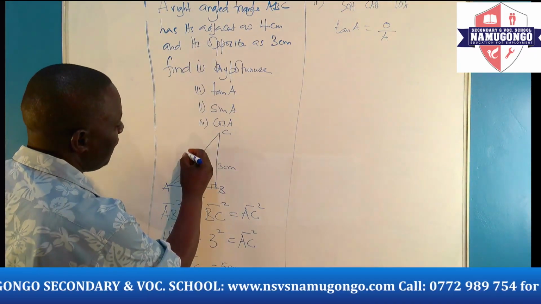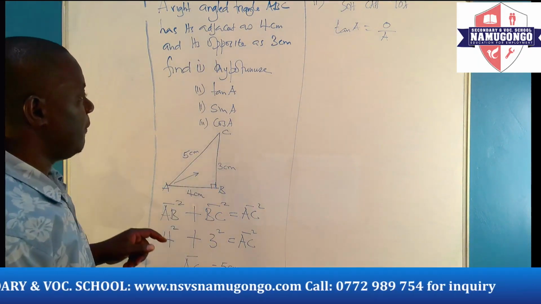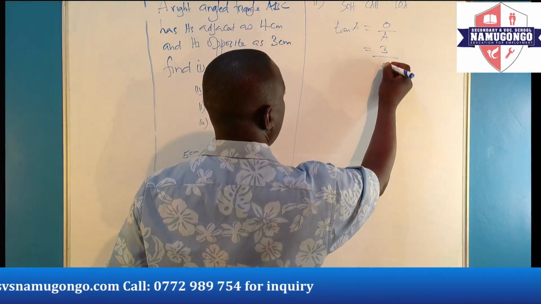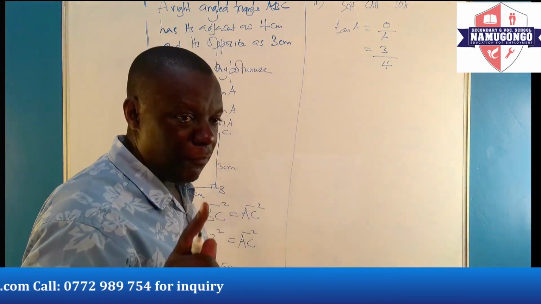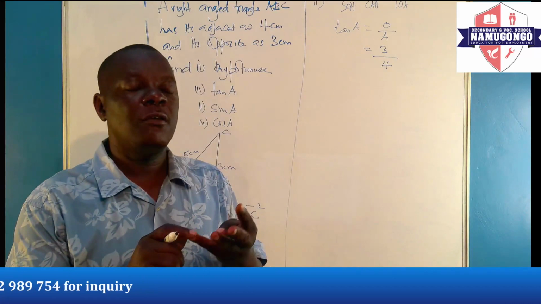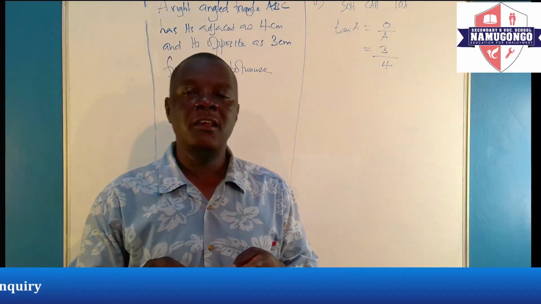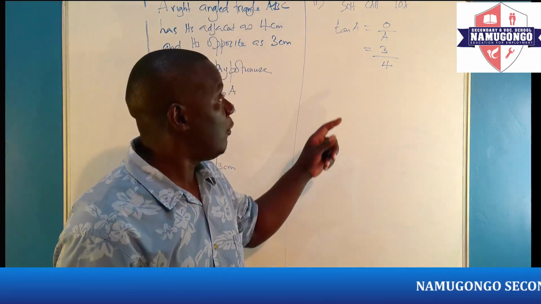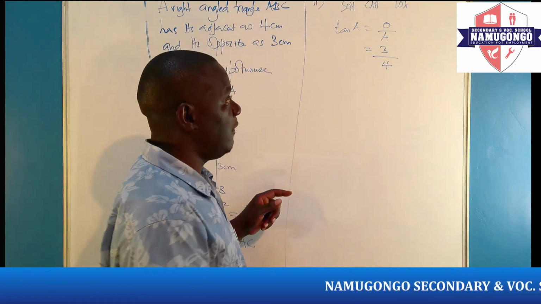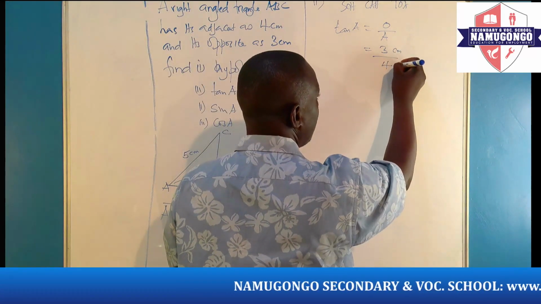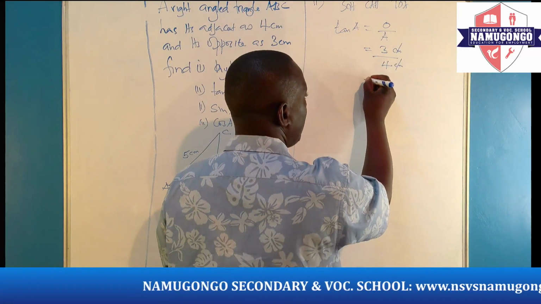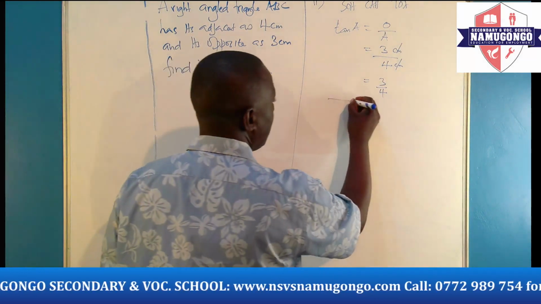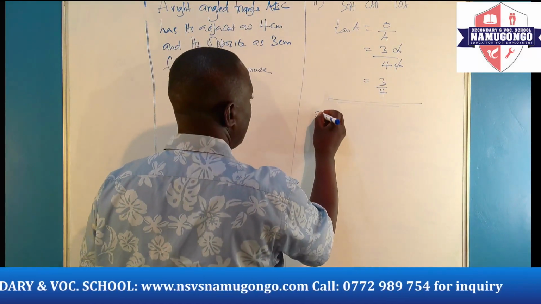My opposite is 3, my adjacent is 4. Now, viewers, the ratios of tan, cosine, and sine have no units. Why? Because they are ratios of similar quantities. Even if I put centimeters and centimeters, the centimeters will cancel out. You stay with 3 out of 4.